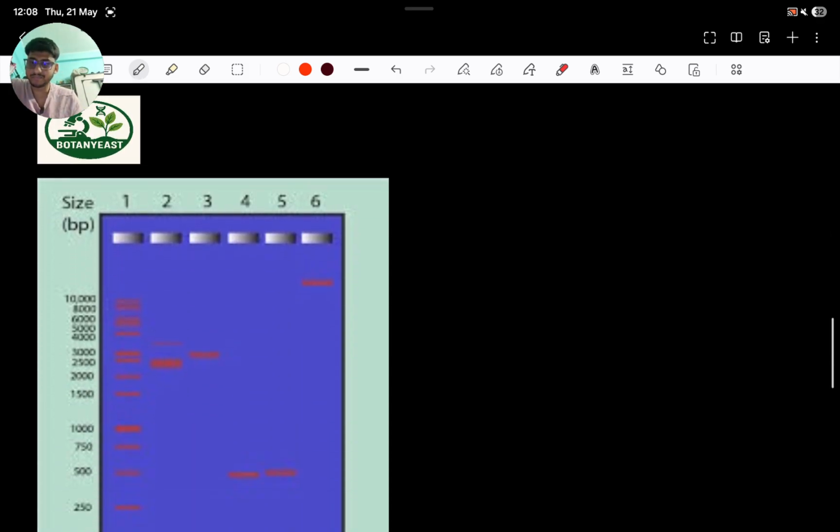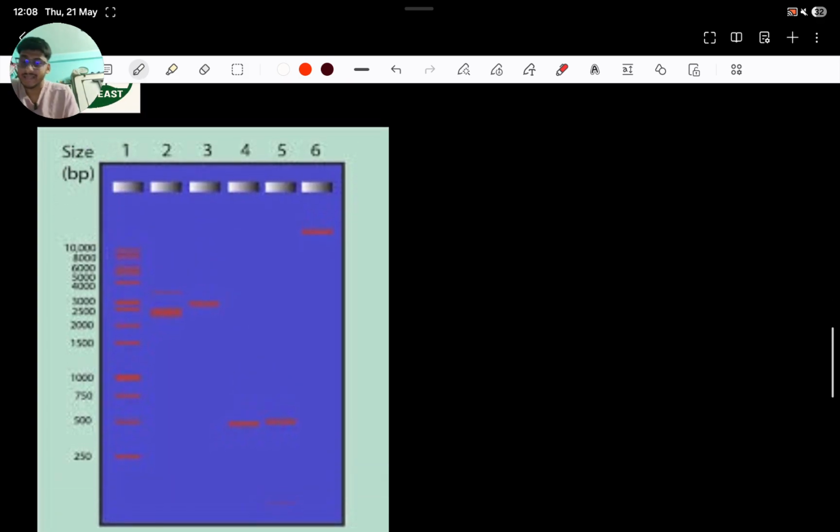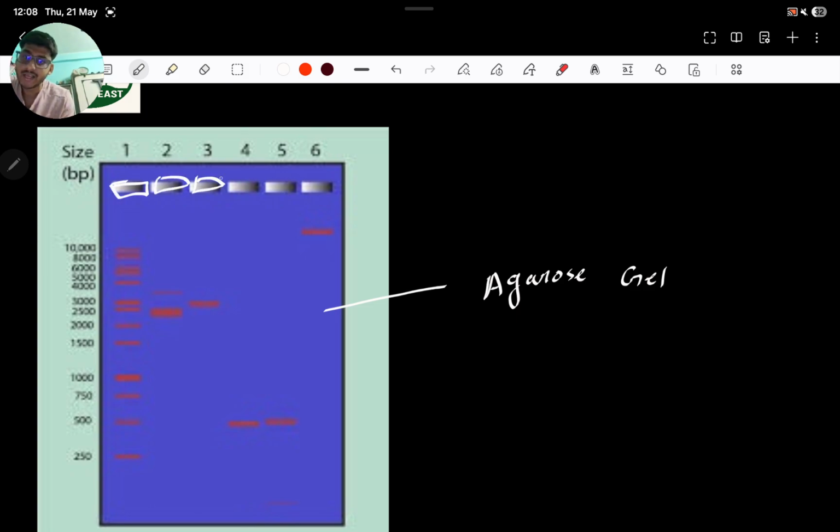Now see, this is the gel. This blue one is the agarose gel. Okay, and these are wells. What are these? These are wells. There are many wells inside the agarose gel.